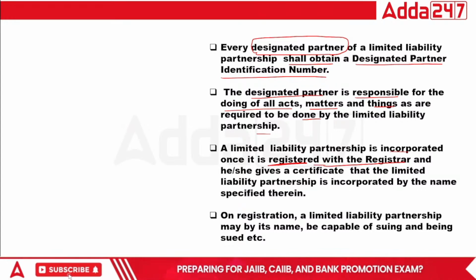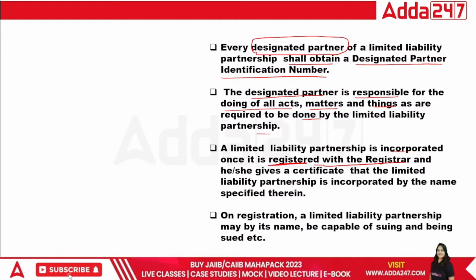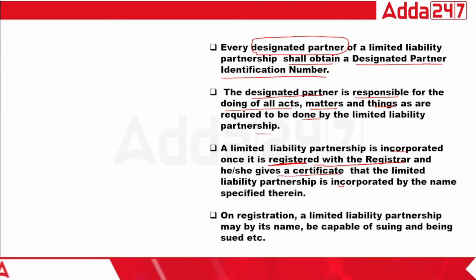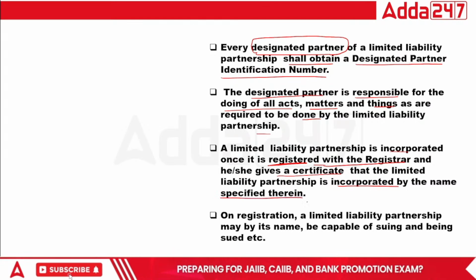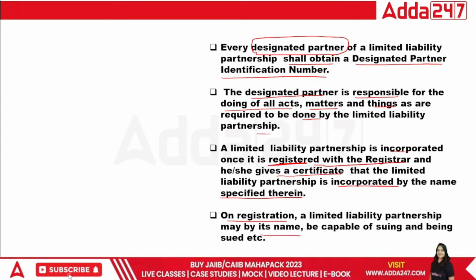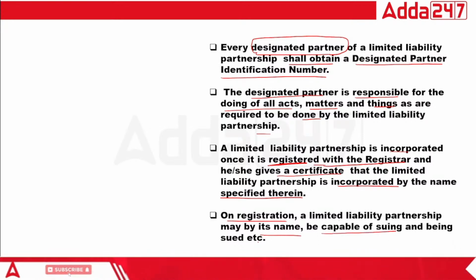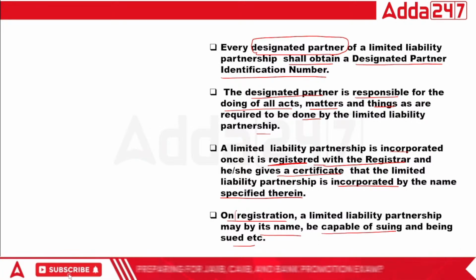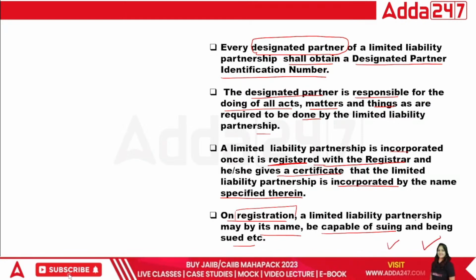LLP is incorporated once it is registered with the registrar, who gives a certificate that LLP is incorporated by the name specified. On registration, LLP by its name is capable of suing and being sued. It means once it gets registered, we can file the case and LLP can also file the case.